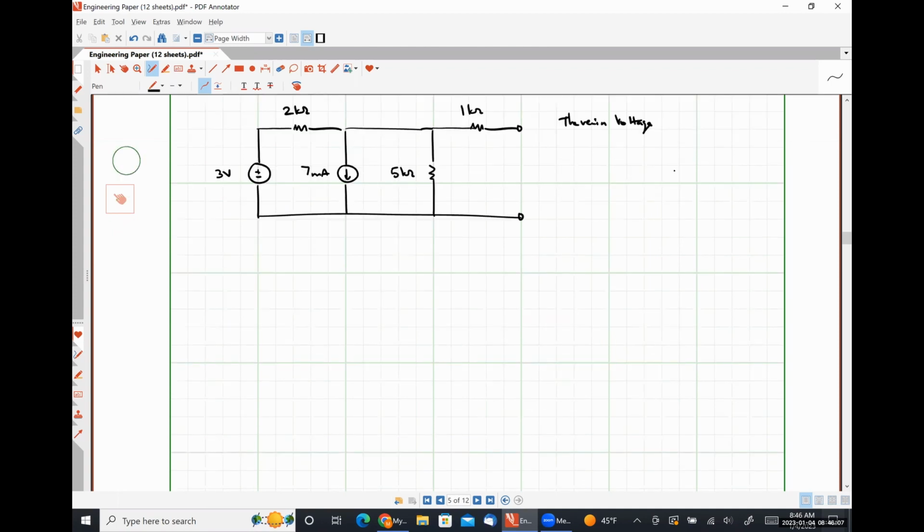Thevenin voltage, plus on top, Norton current, direction down, and our Thevenin resistance.